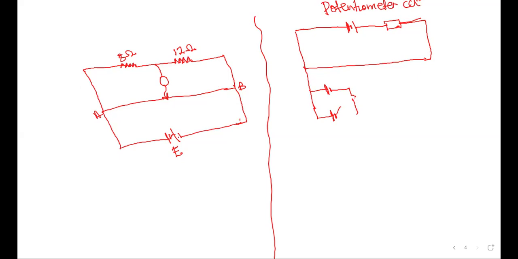Are we done? Yes, please. What's your answer? The free end of the galvanometer should be placed 160 centimeters from A. Exactly, that's the answer.